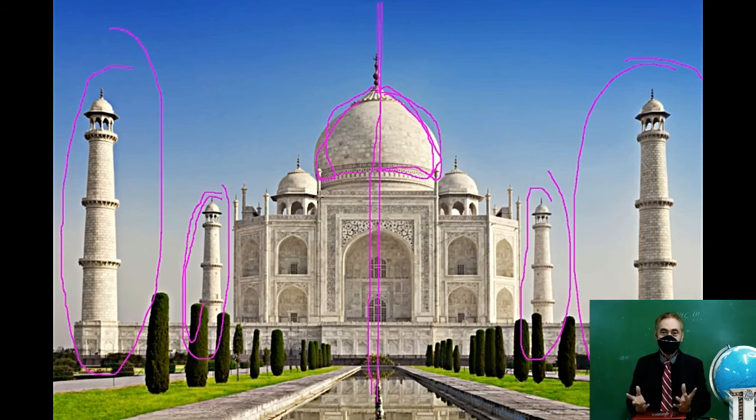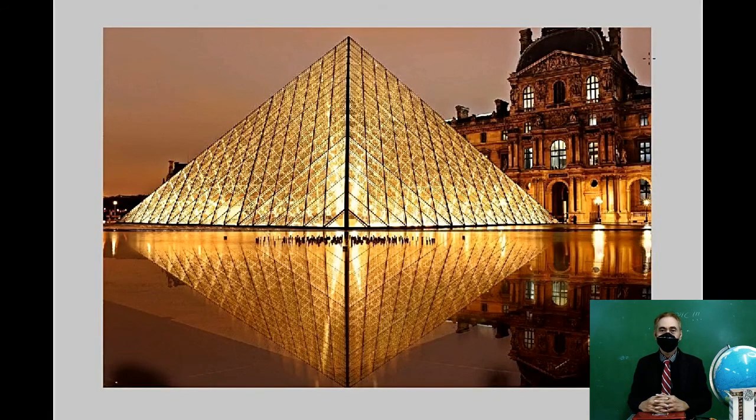So simply it mirrors, the right axis mirrors to the left axis. Even the ponds here and the trees mirrors to each other. Perfect example of what we call formal or symmetrical balance in architecture.